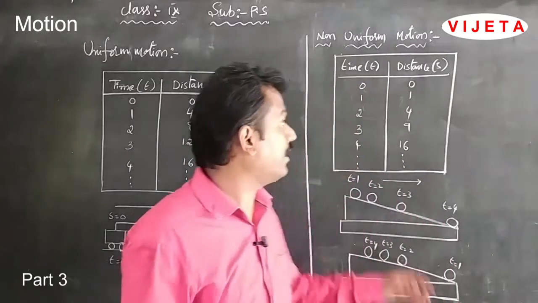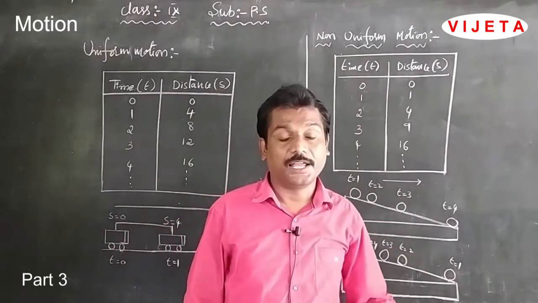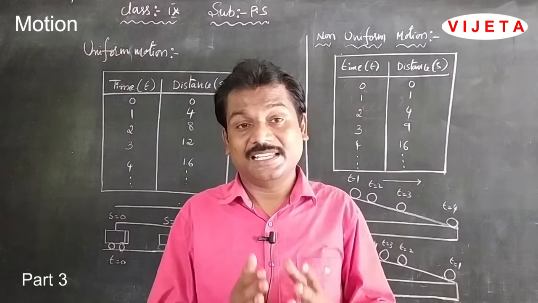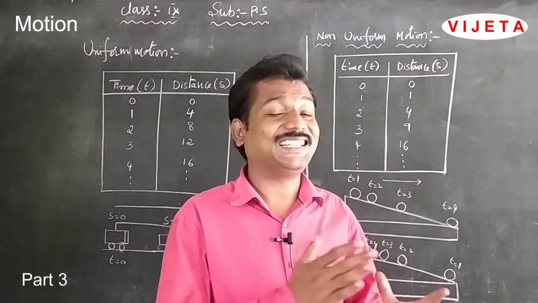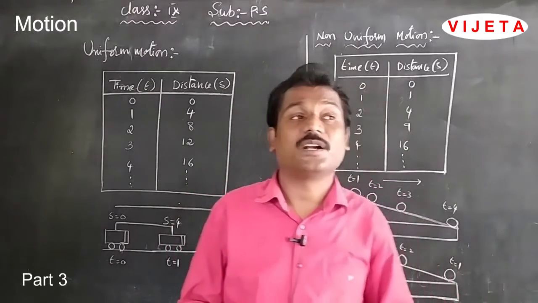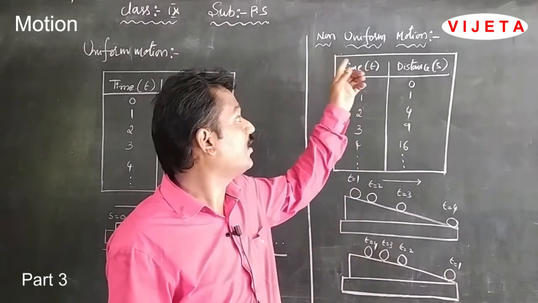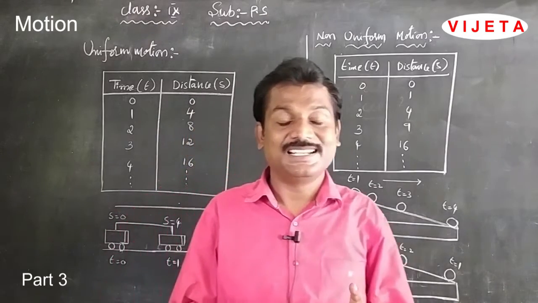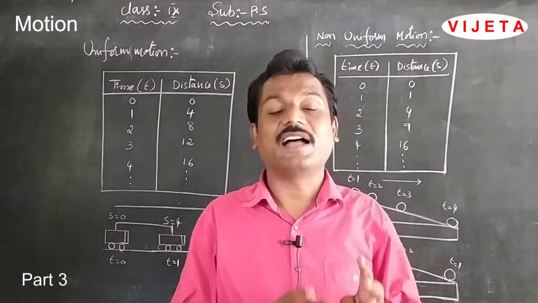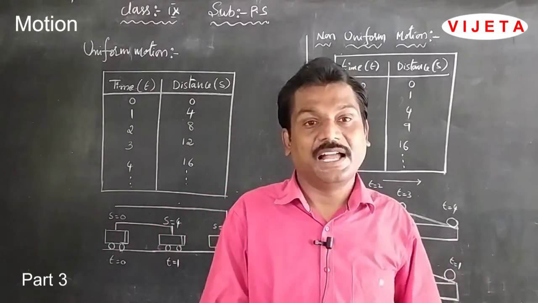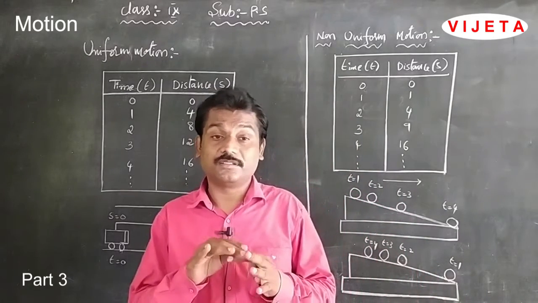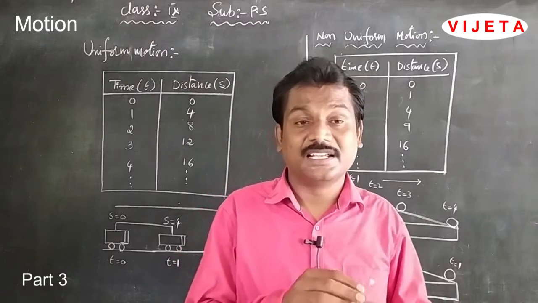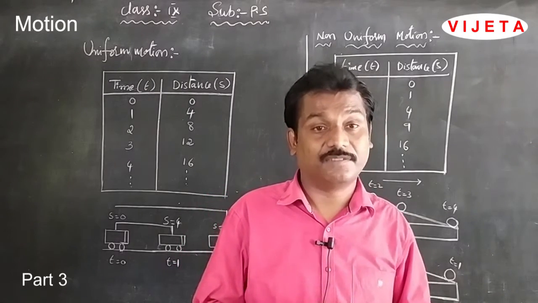Next, coming to non-uniform motion: a body which does not cover equal distances in equal intervals of time is traveling with non-uniform motion. In a non-uniform motion, velocity is not constant, it varies from place to place, and velocity at any point does not equal its average velocity.